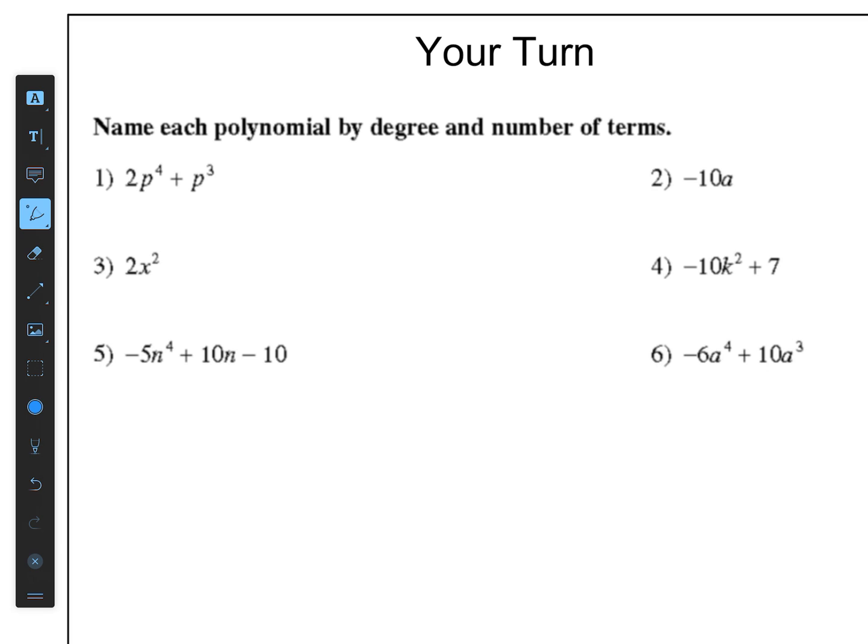This one has, let's see, fourth degree. And there are two terms, so it's a binomial. For the next one, the degree here is 1. So I say this is a linear monomial, because there's only one term.